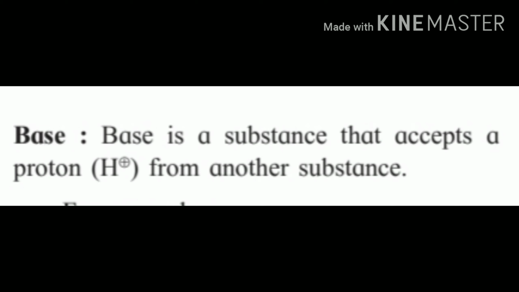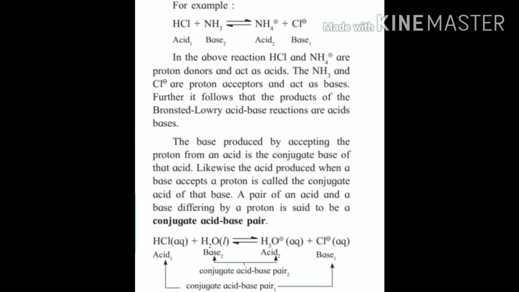Let us now study an example for the same. Here HCl is the acid and ammonia, that is NH3, is the base. According to the theory that Bronsted and Lowry gave, the acid donates the H plus ion. So here HCl is the acid, so it is going to donate the H plus from it to the base.